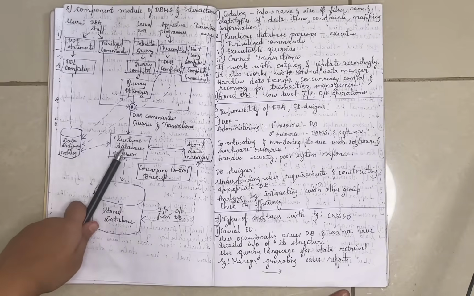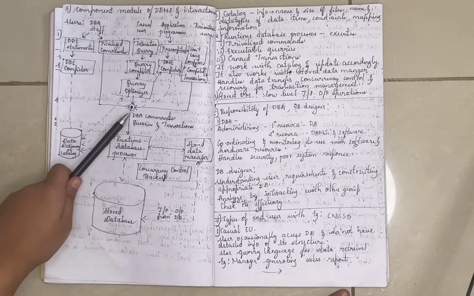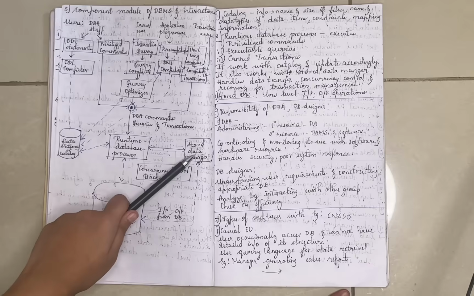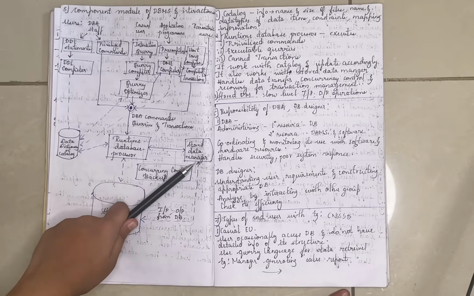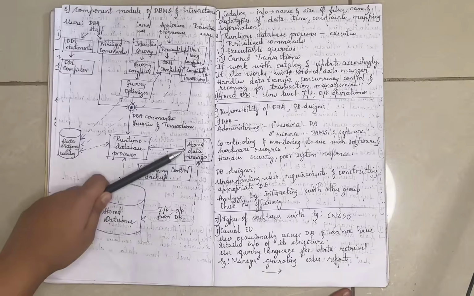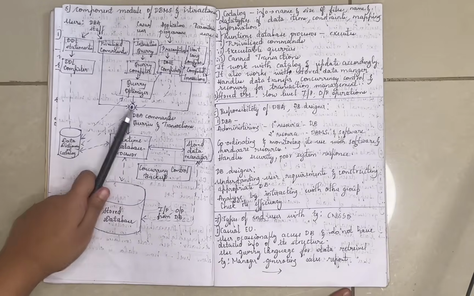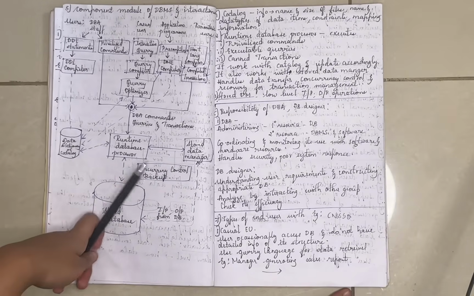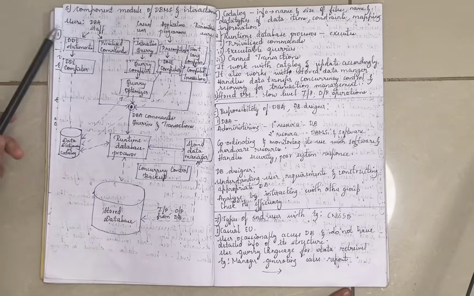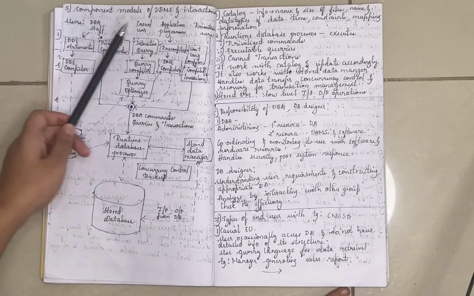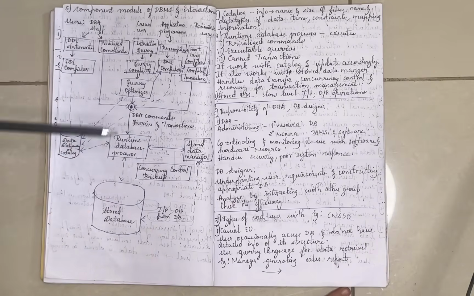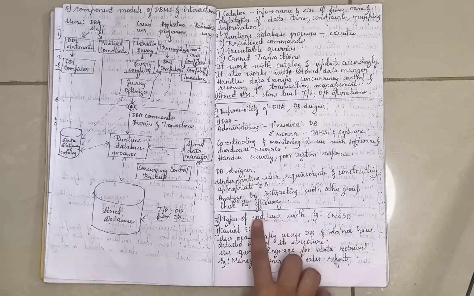This runtime database processor will run database commands, queries and transactions. The stored data manager will perform basic levels of maths, basic computations, that you can write. And you already know what concurrency control is, write it. Then later you have to explain each of these. What explanation you have to write, you will understand while explaining the concept of end users.